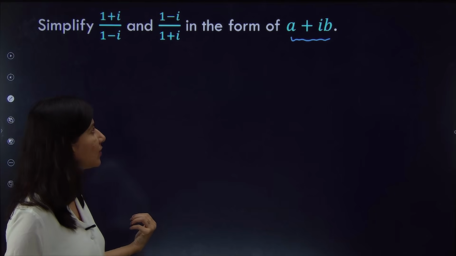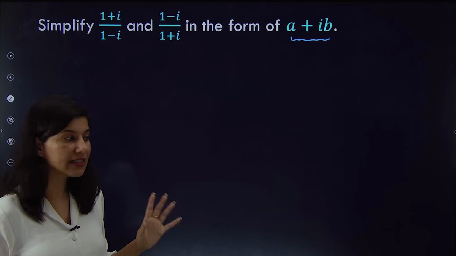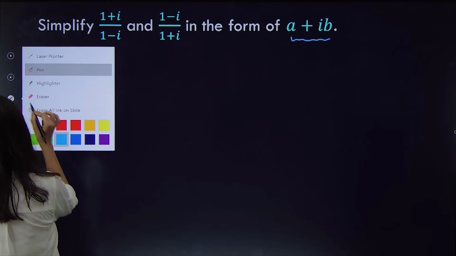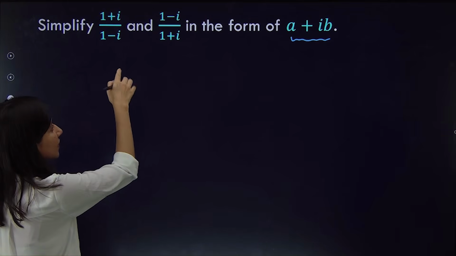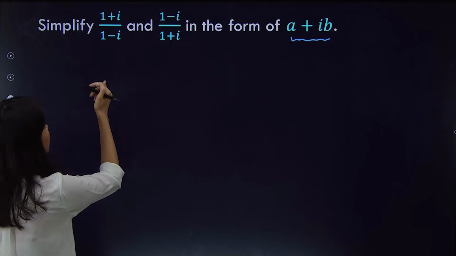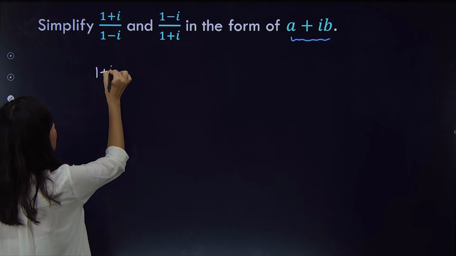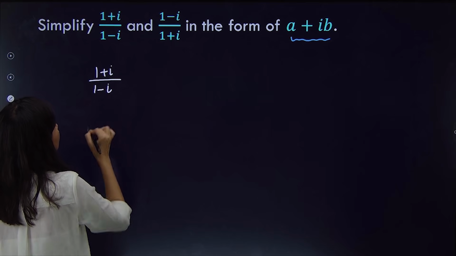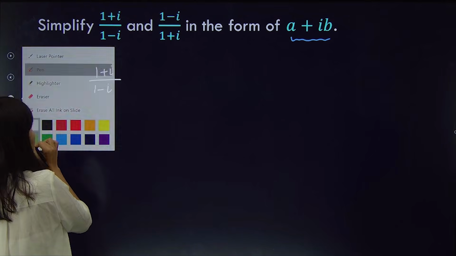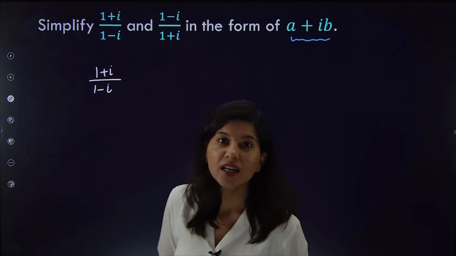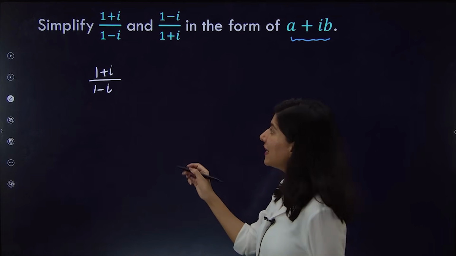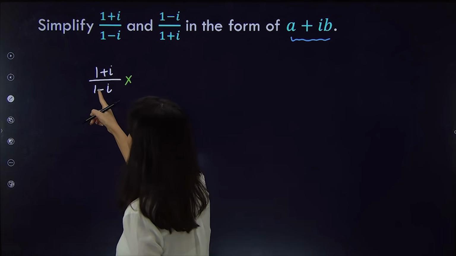Now what I'm trying to say is that whenever you see iota in the denominator, rationalize, same thing. So 1 plus iota and 1 minus iota. Okay. How will you do that? By multiplying and dividing by the conjugate of this denominator.